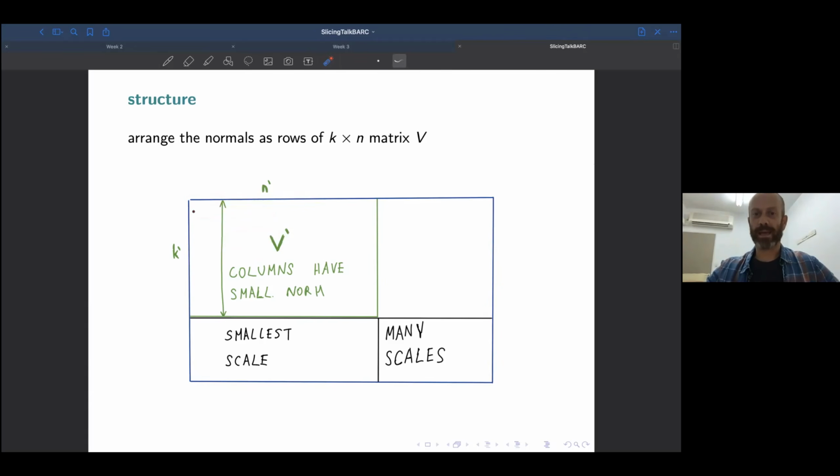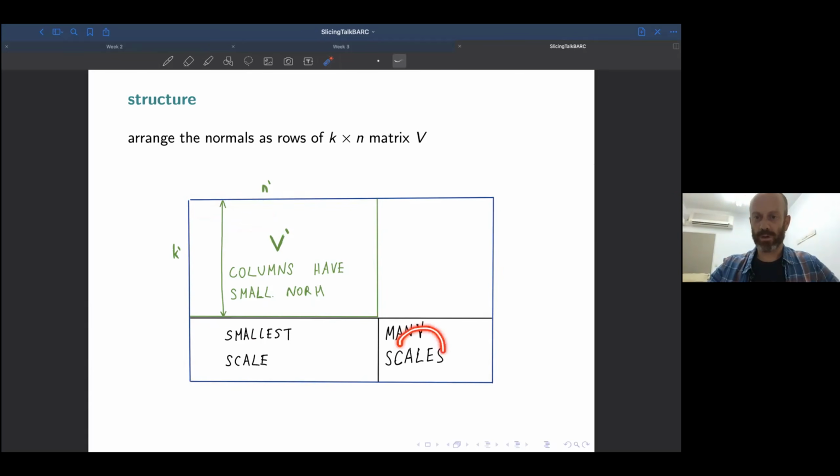Now we can take any such matrix and partition it like this. What is written here? So we can find some number of rows with many scales. This part could be empty also, but some number.